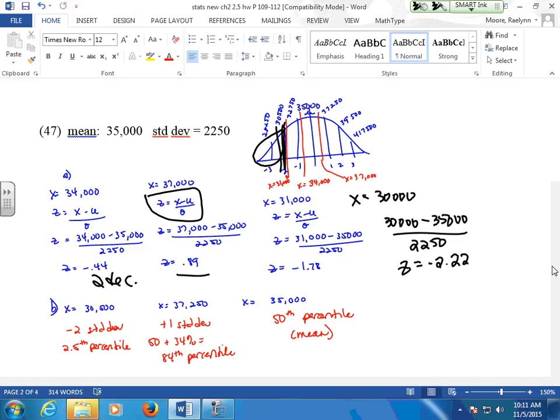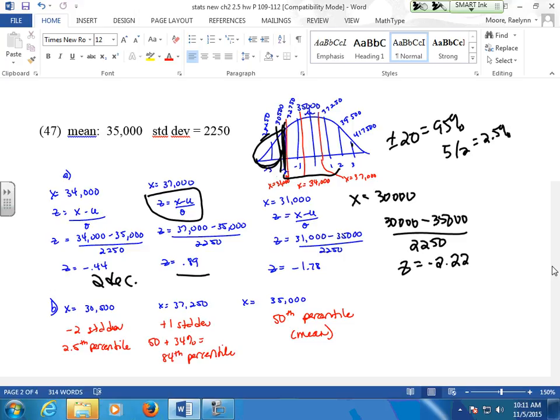This is 95. Guys, listen. Your plus or minus 2 is 95% of your data, approximately. So in this area and this area, it shares 5%. So half of 5% is about 2.5%. So this piece right here is about the 2.5 percentile. Okay, so that's how you use your empirical rule.